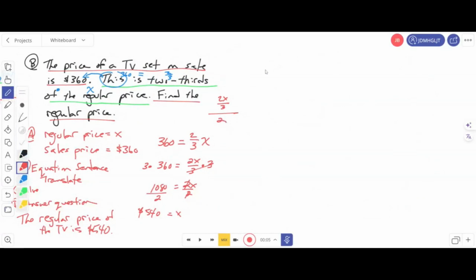Okay, let's look at C. C has a little something different about it that you will run into from time to time. It's not something that you see a lot, but you will see it from time to time.